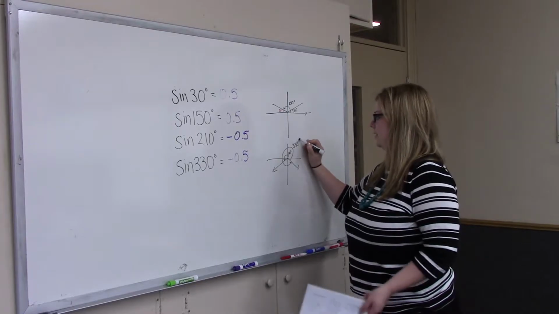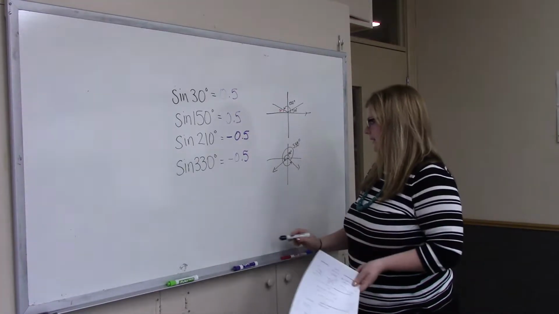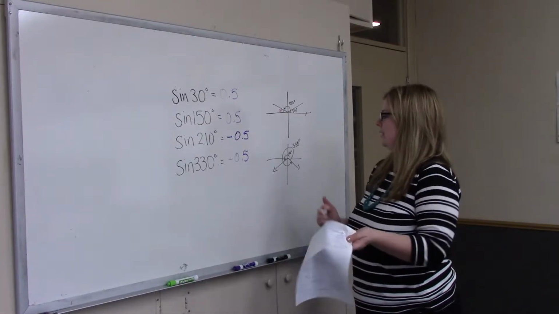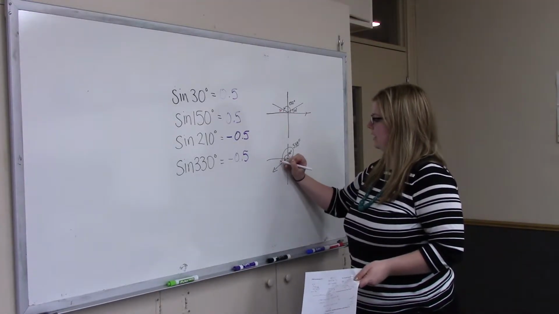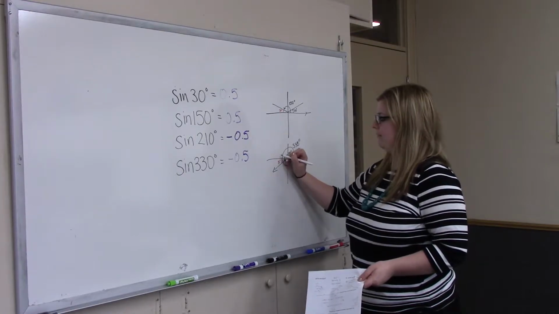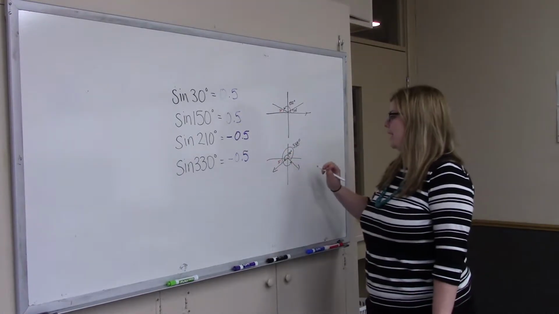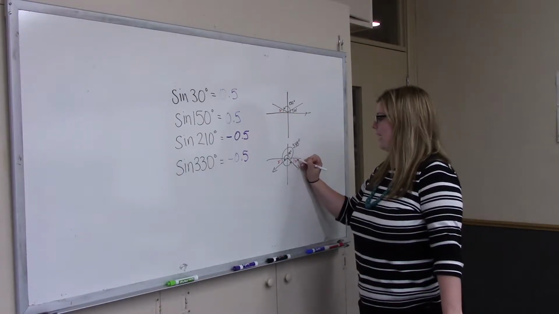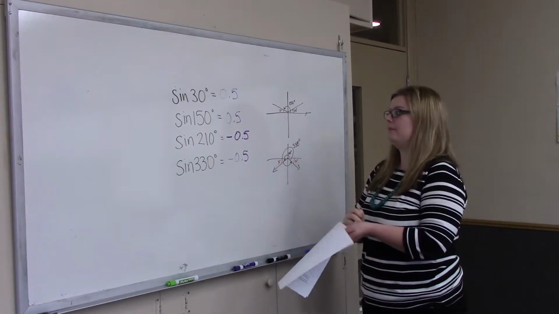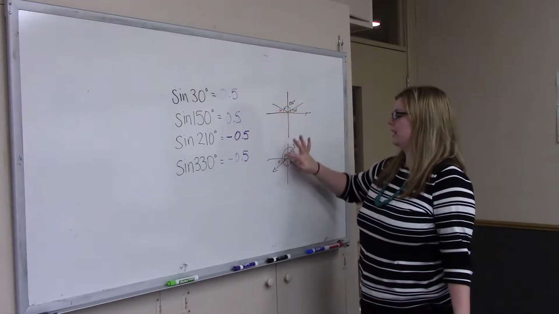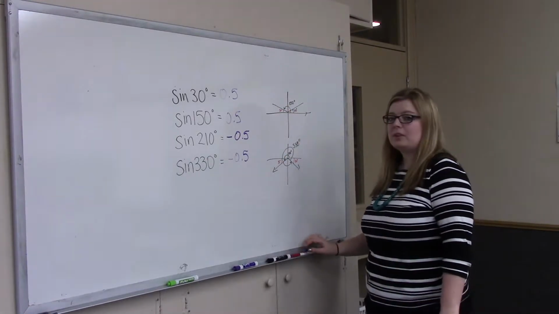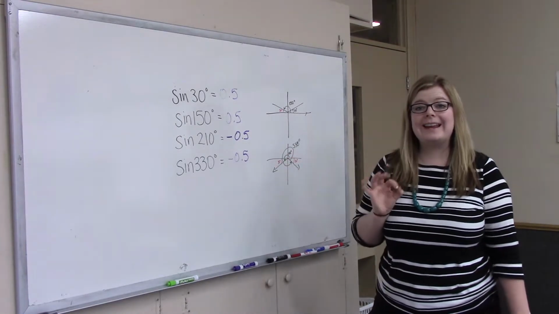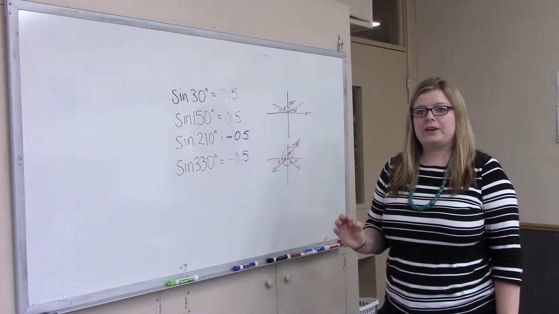You'll notice that 210 is 30 degrees away from 180, and 330 degrees is also 30 degrees away from being a full 360. So 30, 30, 30, 30. They all share what's called a related acute angle of 30 degrees.